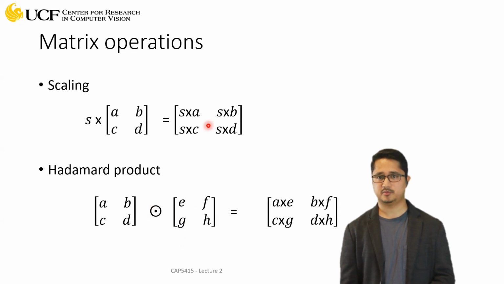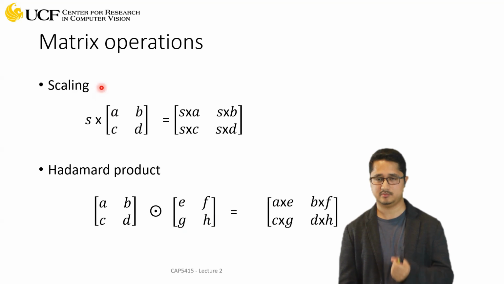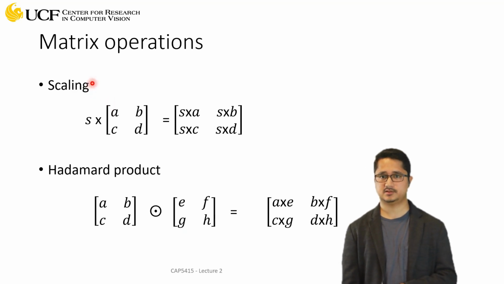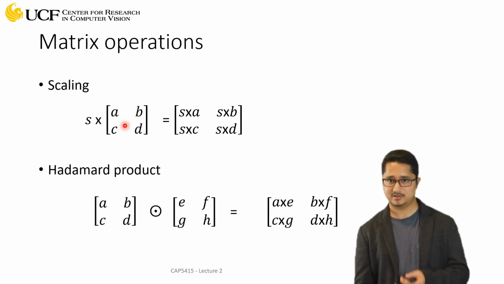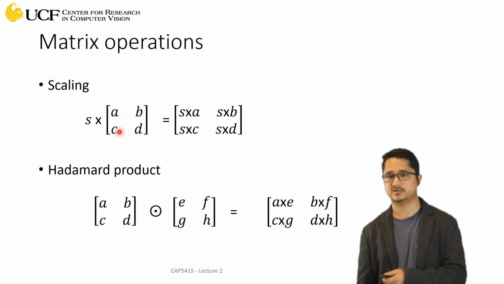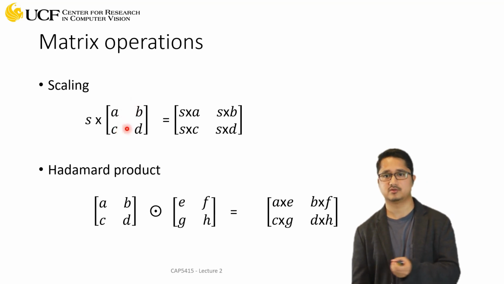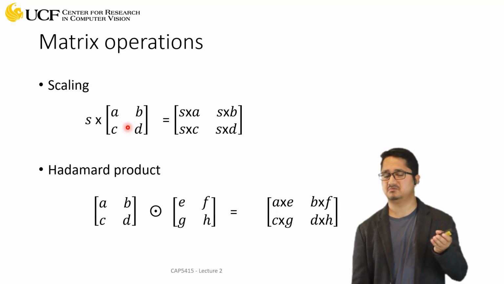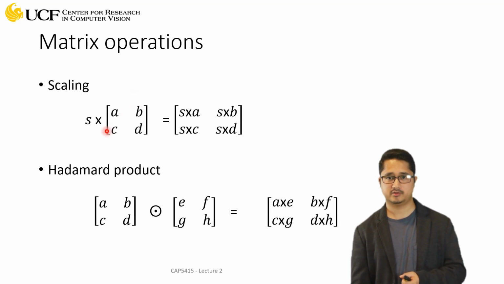Now this is becoming interesting because we are moving on to operations which we can perform on images. Scaling is the first. Let's say you have a 2 cross 2 matrix. When I say images, in this case it's a 2 cross 2 matrix, but essentially you can have a bigger matrix which represents an image. Of course, it will not be 2 cross 2, it might be 500 cross 500 depending upon how many pixels you have, but you will still be able to perform this operation. So this operation is called scaling.